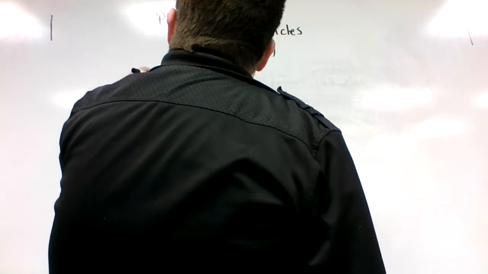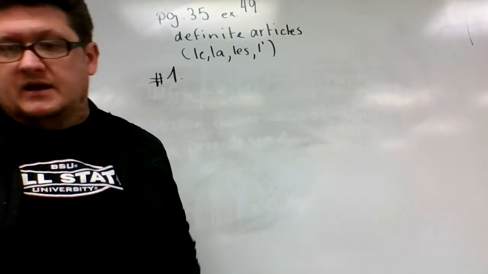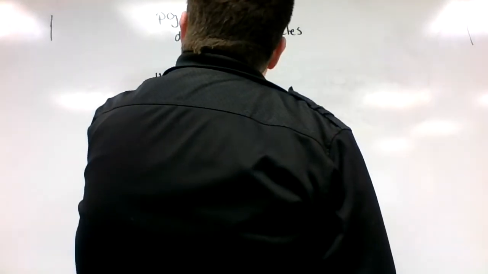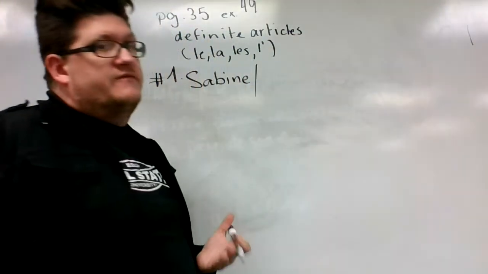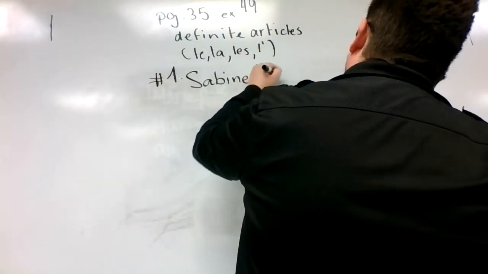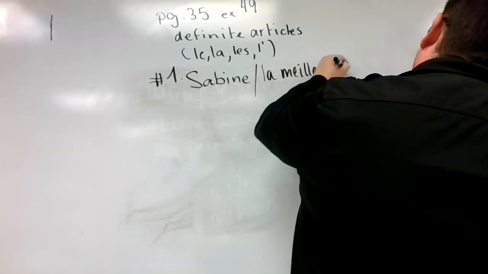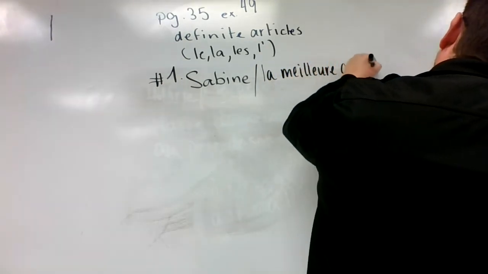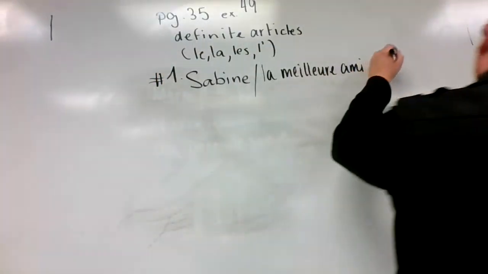This is number 1 for this exercise 49. It's going to be Sabine, and you can do this with me. Sabine is a feminine singular name, and then la meilleure amie de son père.